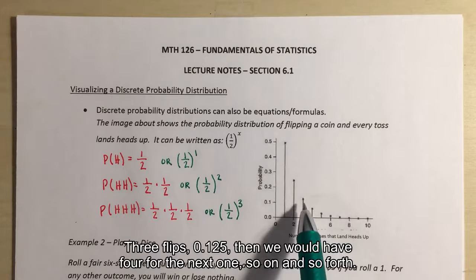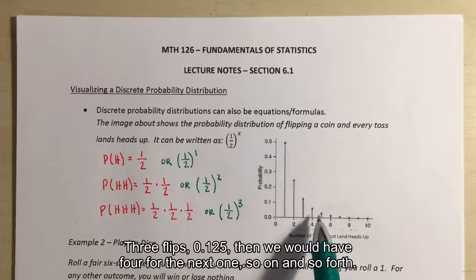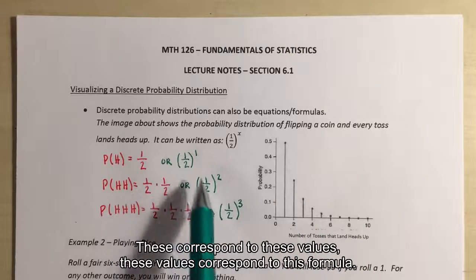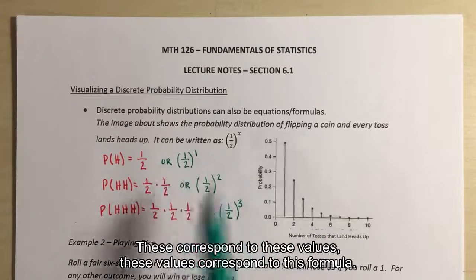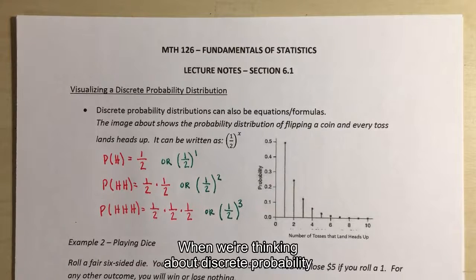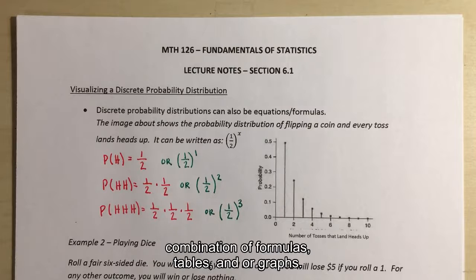So 3 flips, 0.125. Then we would have 4 for the next one, and so on and so forth. So these values correspond to this formula. So when we're thinking about discrete probability distributions, we may see some combination of formulas, tables, and/or graphs.